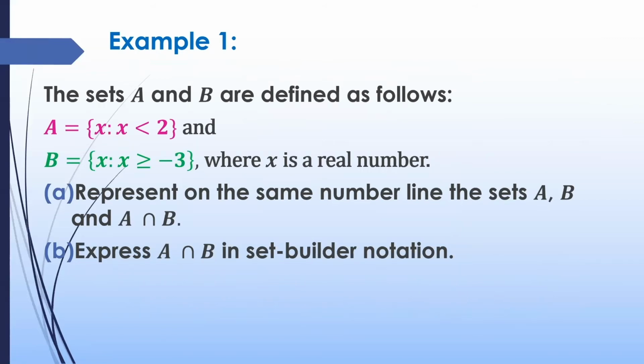A equal to x such that x is less than 2, and B equal to x such that x is greater than or equal to -3, where x is a real number. Part A, represent on the same number line the sets A, B, and A intersection B. Part B, express A intersection B in set builder notation.